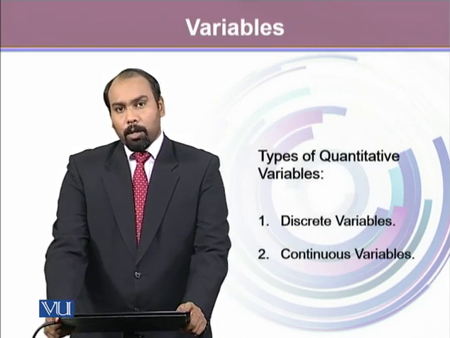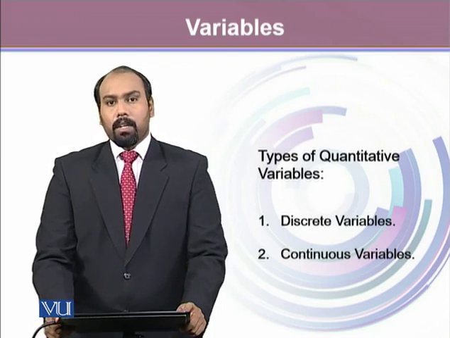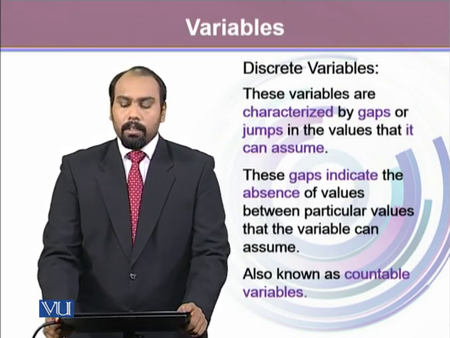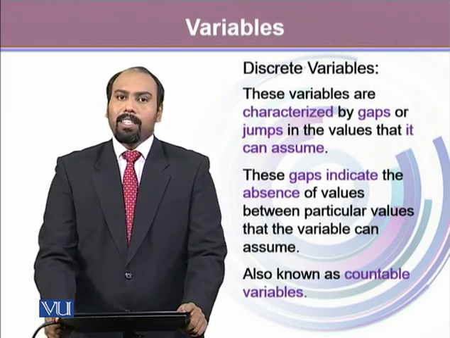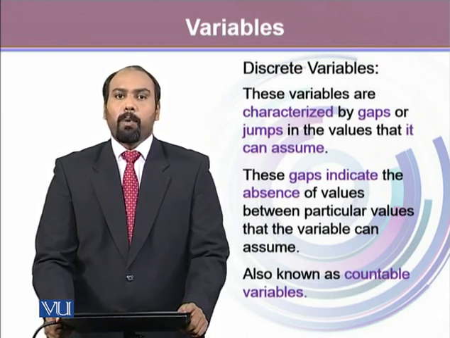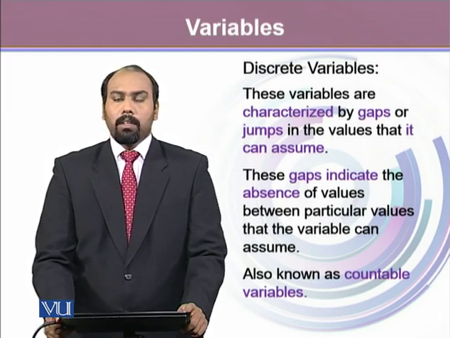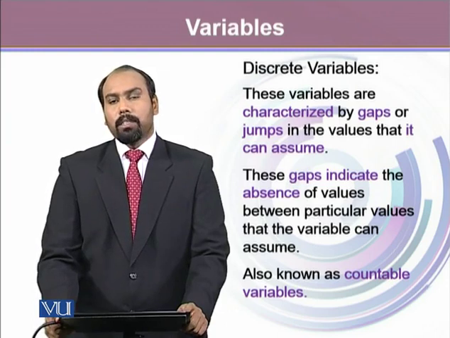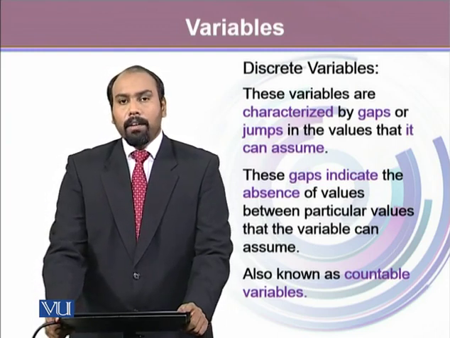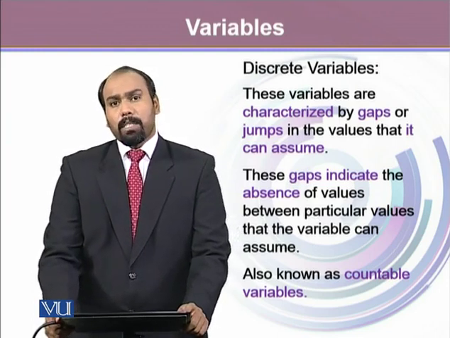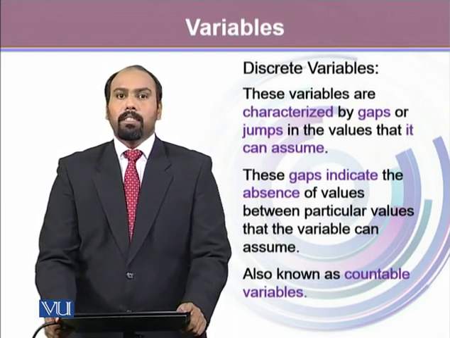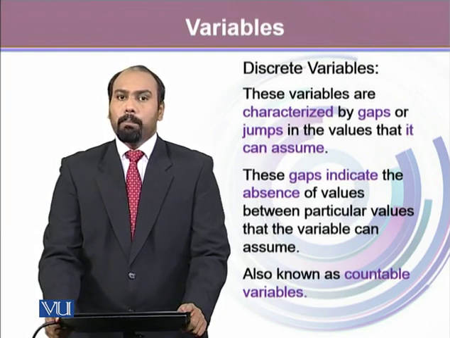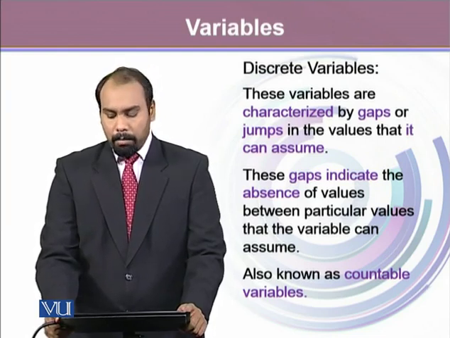Since we already talked about quantitative variables being of two types, discrete and continuous: discrete variables are the ones that have gaps in their possible values. These gaps can also be known as jumps in the value, where these jumps and gaps indicate the absence of values between particular possible values of our variable.